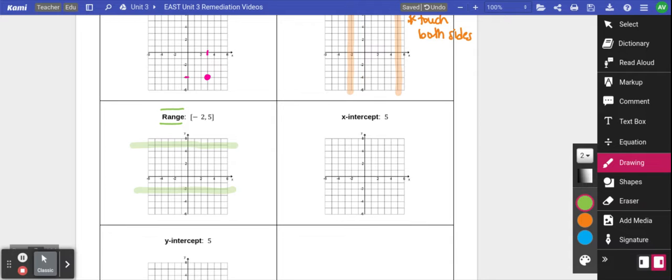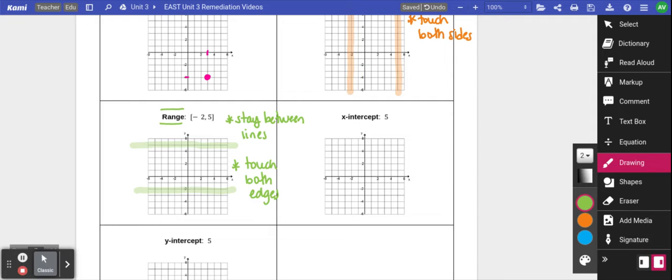And so you got to stay between the lines when you draw your actual graph. And you do need to touch both edges.